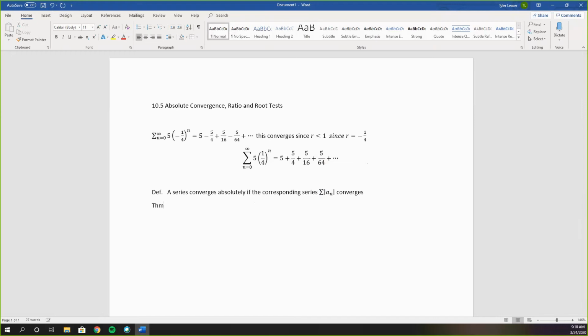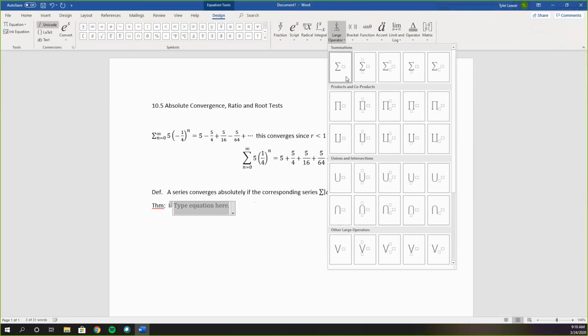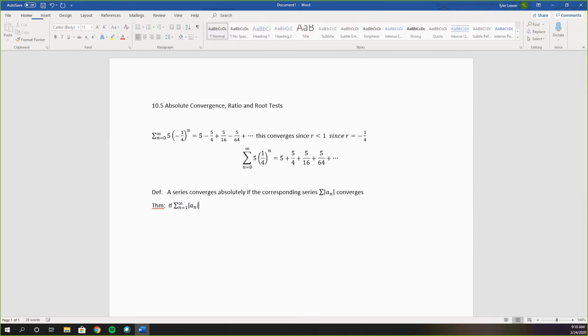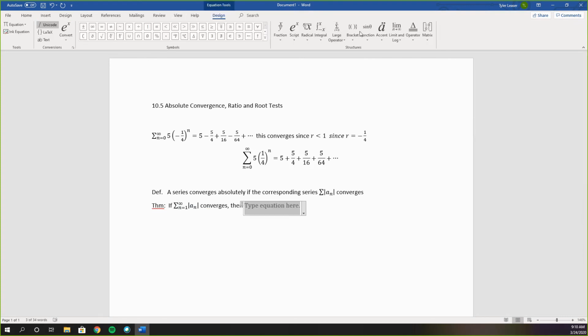Okay, and then from this, we get a little theorem. So that theorem says this. If we have a series as n goes from 1 to infinity of the absolute value of a bunch of terms, so if this converges, then we automatically get that the other series, the one that does not have the absolute value, converges.